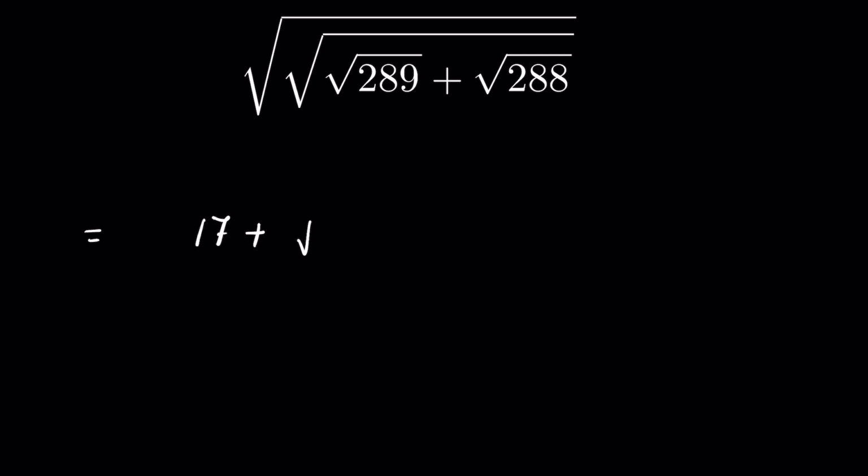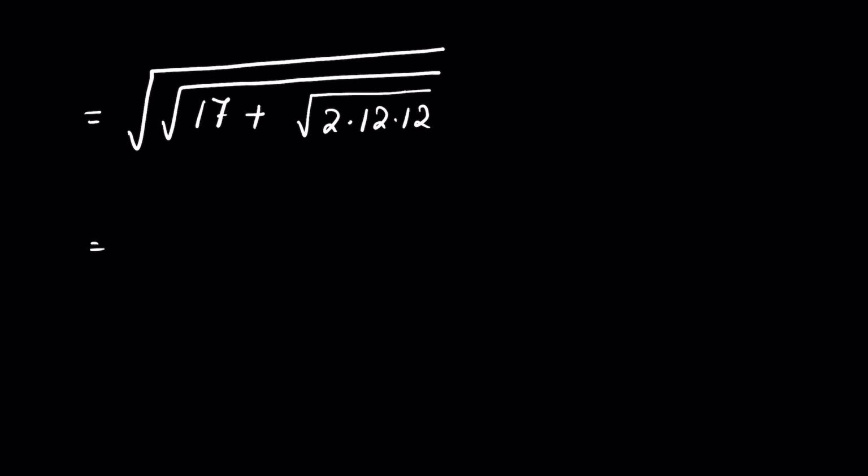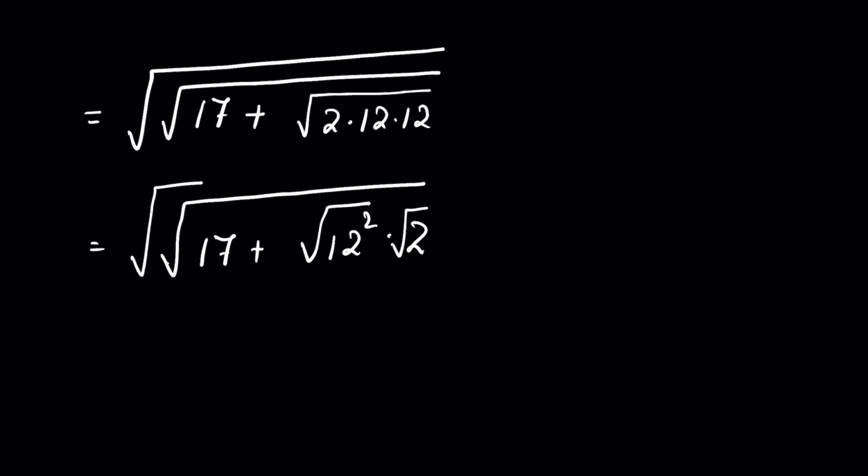If we factorize 288, it is 2 times 12 times 12 under the square root, so 17 plus the square root of 2 times 12 squared, or we can write it as the square root of 12 squared times the square root of 2, then under a square root.